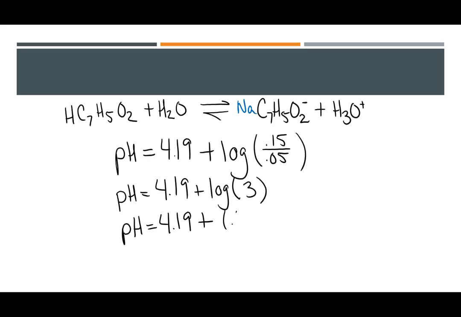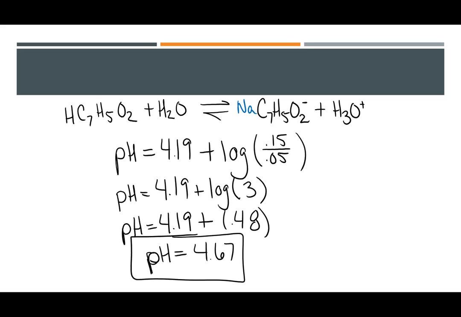And we get 0.48. So pH equals 4.19 plus 0.48, 4.67. Okay. So easy peasy with the Henderson-Hasselbalch equation. Hopefully you guys are finding the beauty in that equation.